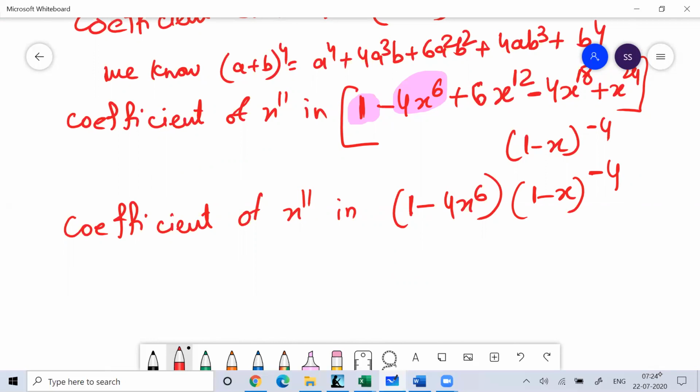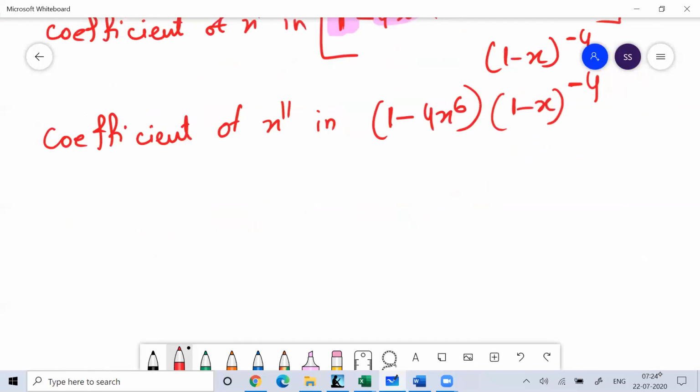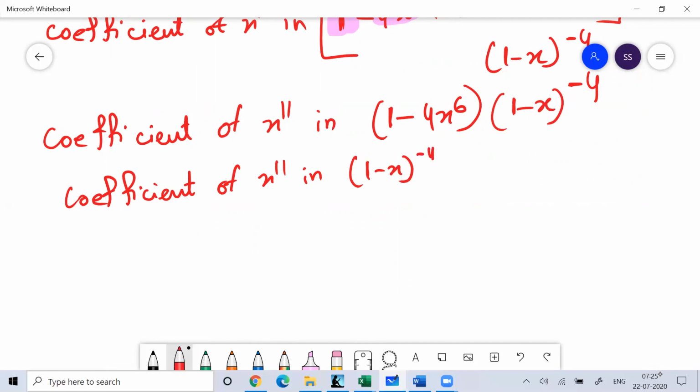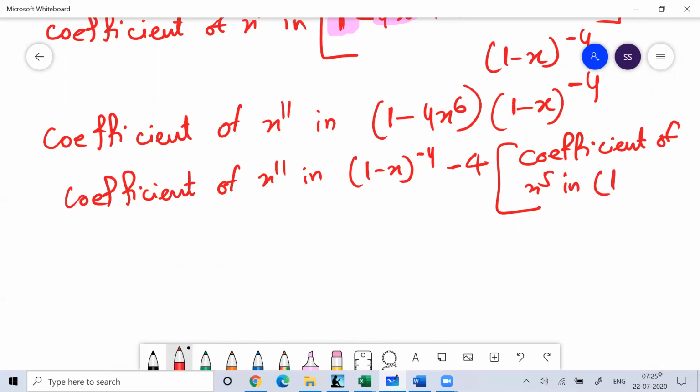Any power of x more than 11 is not at all significant for me. So I can write this as the coefficient of x to the power 11 in (1 minus x to the power 6 terms) times (1 minus x) to the power minus 4. So no need of writing this again. 6 means 5, so I need to search for the coefficient of x to the power 5 in (1 minus x) to the power minus 4.